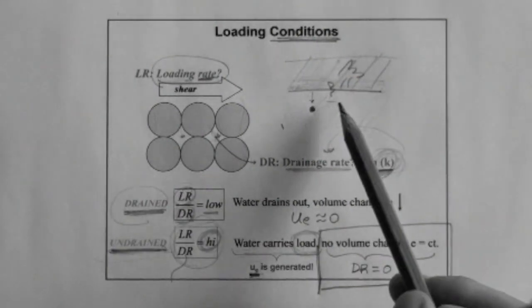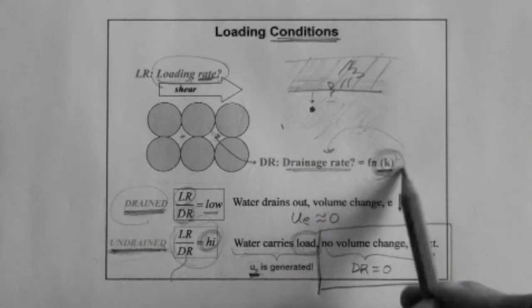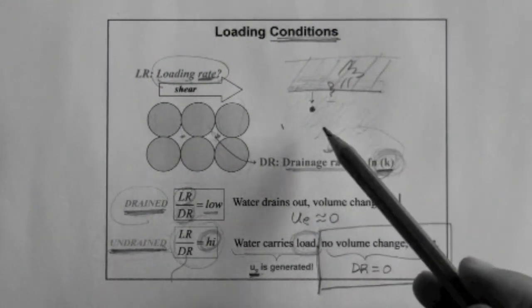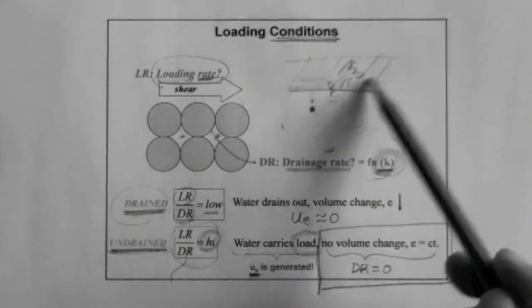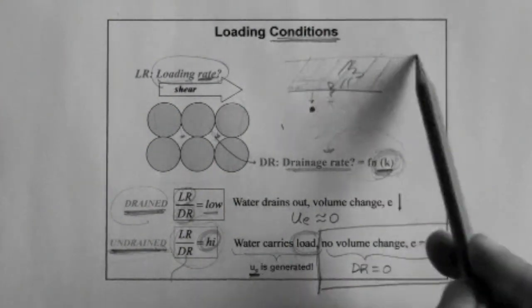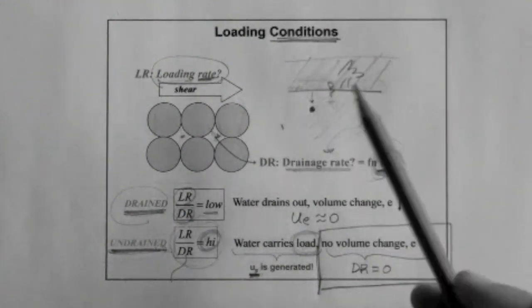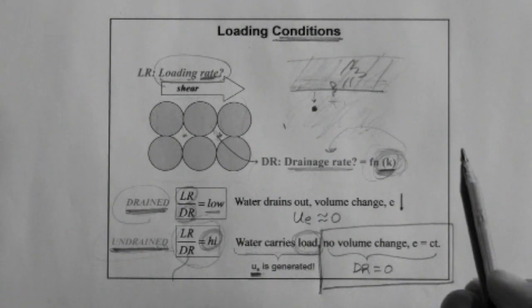If we have silt or clay, particularly clay because it has a very low K, then we can expect undrained conditions because we construct faster, drop the water table with a pump or whatever, or construct faster than the rate at which the water can escape clay or silt.